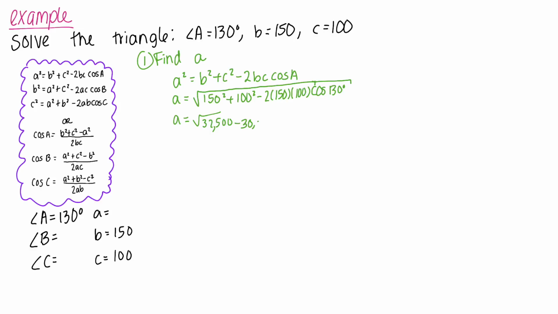Put some commas in here. 30,000 cosine of 130 degrees. And I plug in my calculator, square root of 32,500 minus 30,000 cosine of 130. And I get 227.56 for my missing side length.